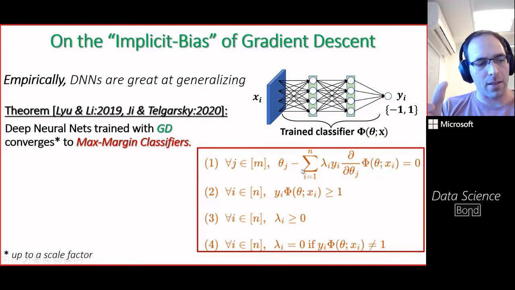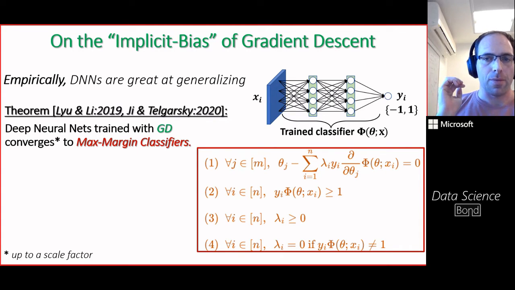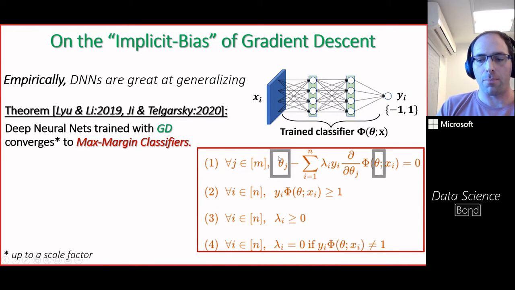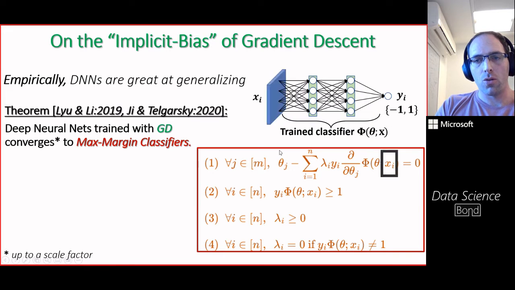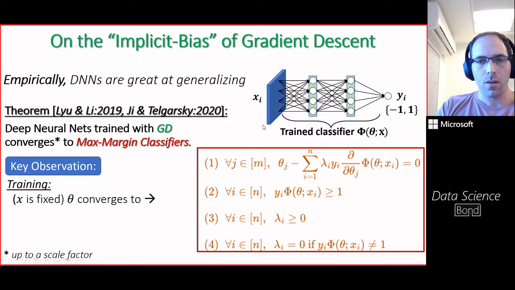I will also explain it more carefully later. But what I want you to see here is that this solution that the model converged to, which relates the parameters of the model to the inputs, is given by this set of equations that relate the parameters and the data.